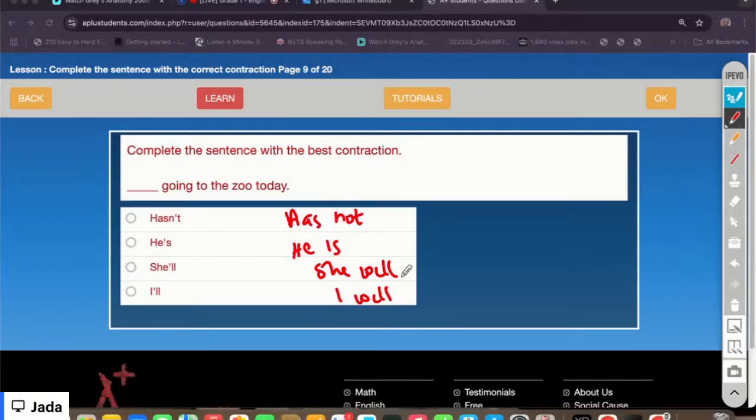Has not going to the zoo, he is going to the zoo, she will going to the zoo, or I will going to the zoo. So, which is the right contraction here? What is the best and suitable contraction here?